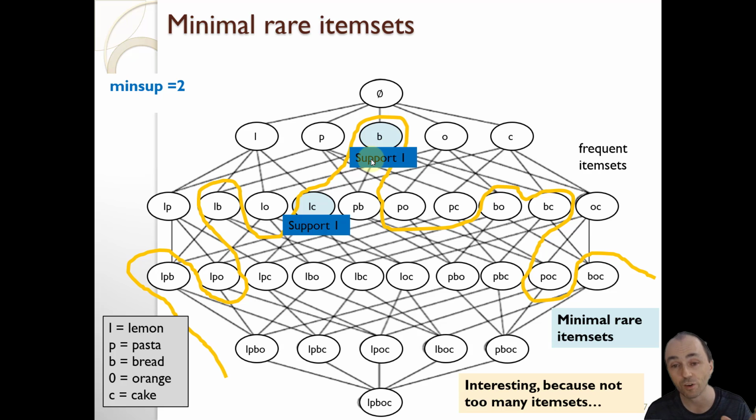We find only a few. And what is the meaning of this? The meaning is that these item sets are almost frequent. So we find some item sets that could be frequent. Almost, they are not, but they are very close to being frequent.